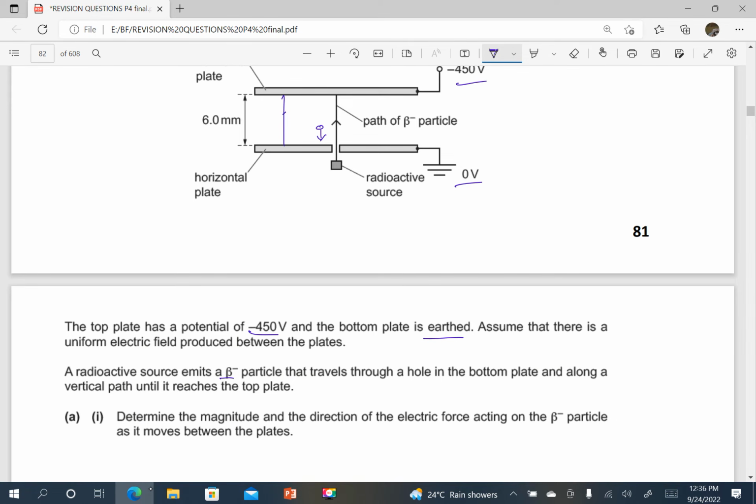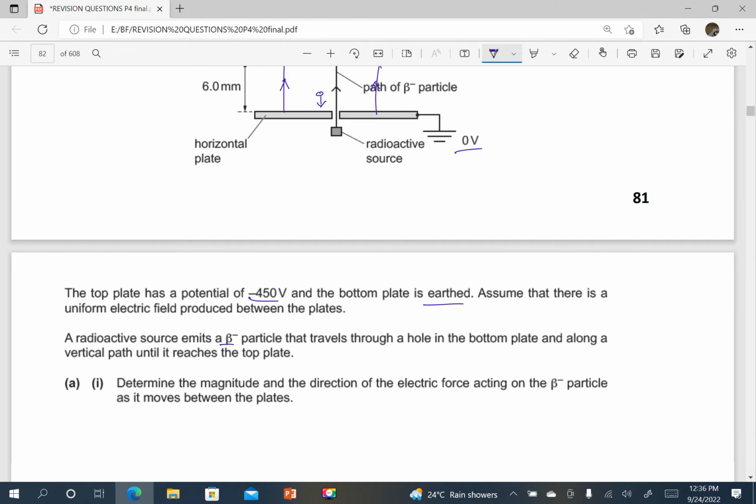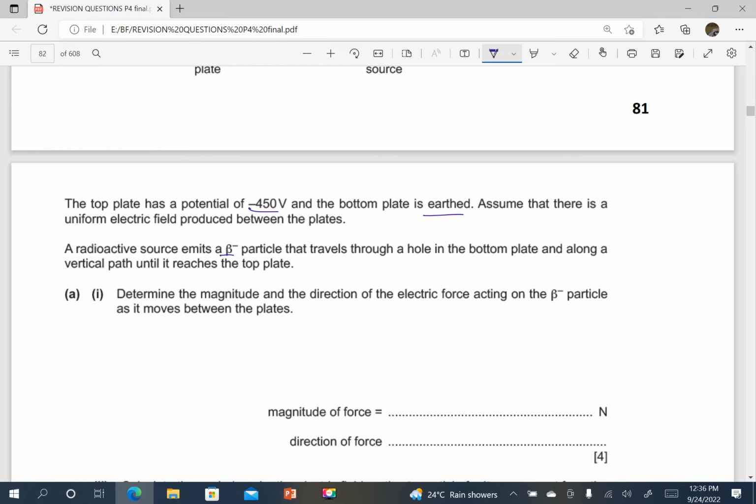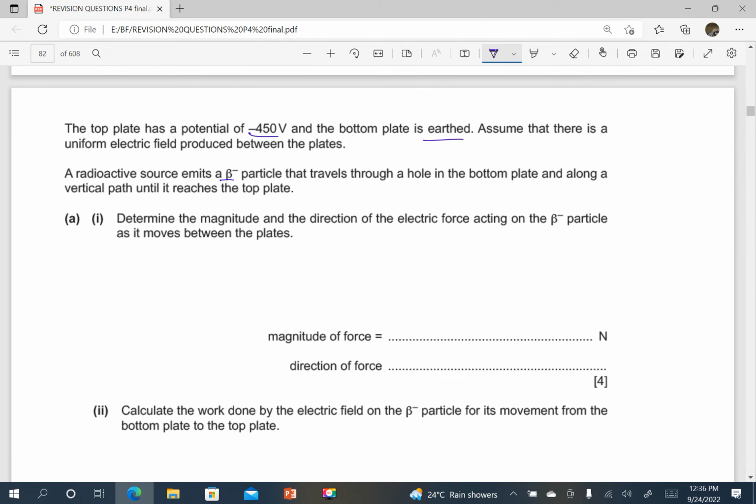The field lines are from high potential to low potential, and the negatively charged particle experiences a force in the opposite direction to the electric field. Determine the magnitude and direction of the electric force acting on the beta minus particle. We have already said the direction is downwards, towards high potential.